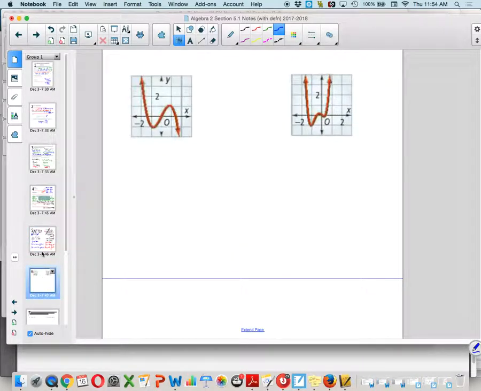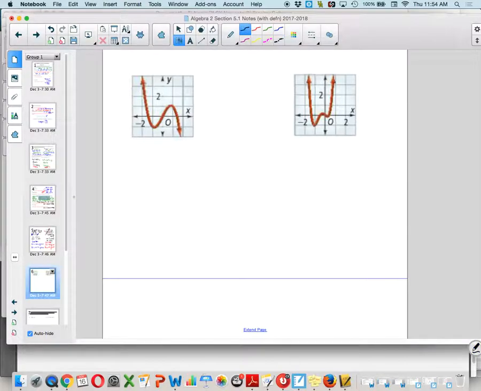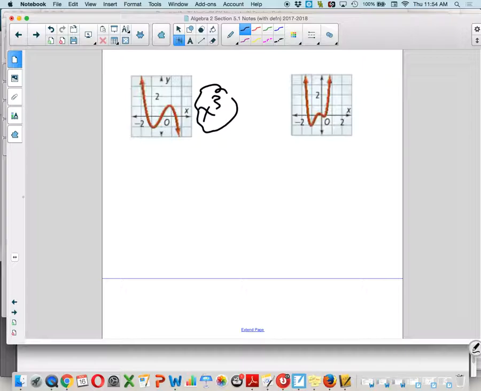In this case, we also have a cubic of sorts. This will be my parent point. There are two turning points here. In this case, I'm going to estimate them. This is at about negative 1.8, negative 1-ish. And this is at 1. So I would say there are two turning points.